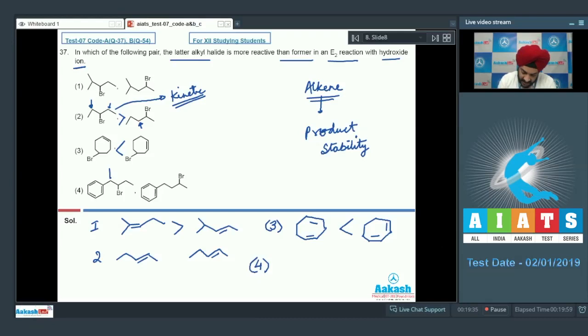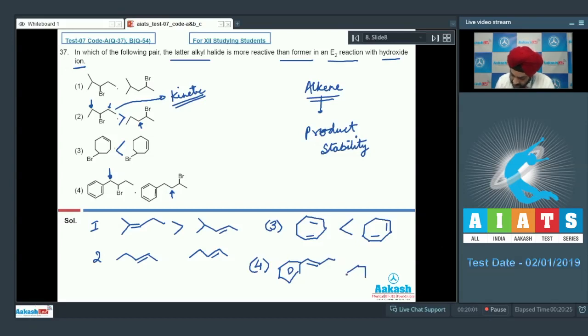In the first structure, the indicated hydrogen will be dehydrogenated. And in the second structure, this indicated hydrogen will be dehydrogenated along with the bromine atoms. If you look at the products which are formed, in the first structure we are going to have the formation of a conjugated system again.